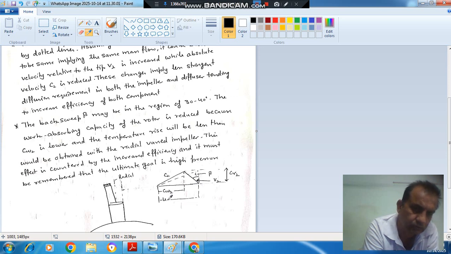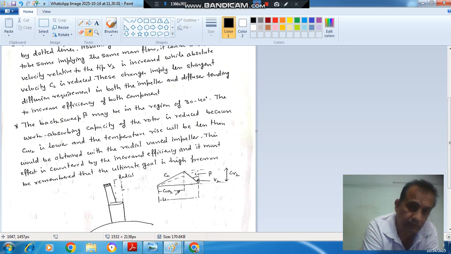CW2 is less than U, that is due to the back swept angle of the blades. CR2 is the same in both the cases. This is your new CW2, and C2 initially was this, now it is reduced. C2 is reduced, V2 is increased, CW2 is reduced.